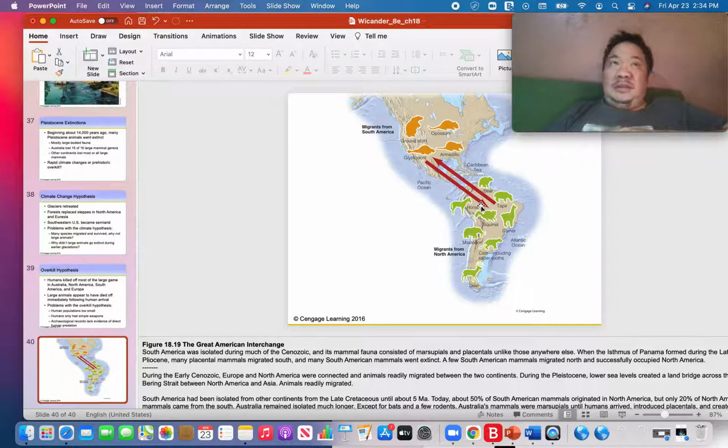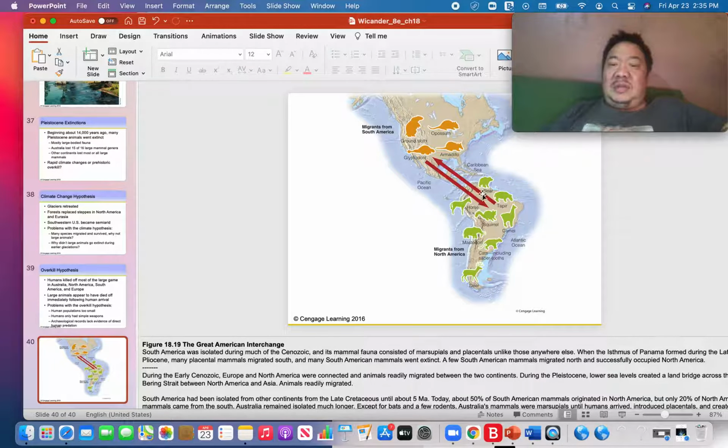Who won? It's always the same in biology. Whoever is more fit for survival is going to win. The placentals won out. There's an advantage placentals have, in that the babies grow protected within the mother's womb and in a more advanced, more mature form, giving them a higher chance of survival.